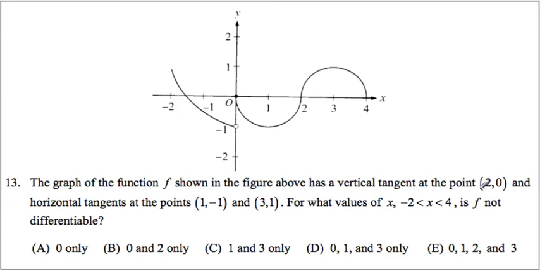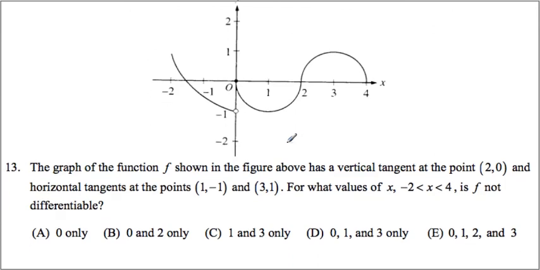The fact that f is not differentiable means we are looking at either a vertical slope or a slope that doesn't exist due to discontinuity. One is right over here, another one is right over here. But notice that we're not including the endpoints, negative 2 and 4. Between those two values, we're looking at 0 and 2, which becomes our final answer.